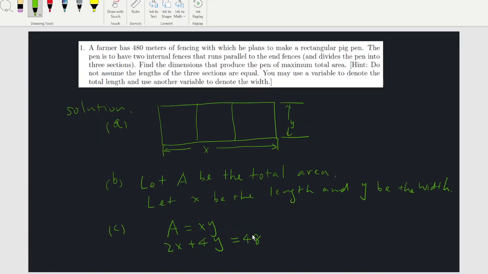The unit is meters, because the total fencing is 480 meters. So with the total fencing of 480 meters, he's trying to build a rectangular pig pen in something like this.